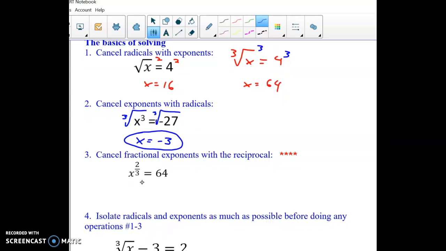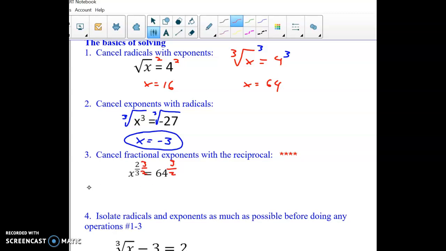Okay, so if you have a fraction exponent, you're going to want to isolate it like it is now, and then raise it to the reciprocal power. What I mean by that is the reciprocal is just a flipped fraction. So I want to raise this to the 3/2 power. I have a hard time writing it in that little space, but we'll try it again. The 3/2 power to both sides.